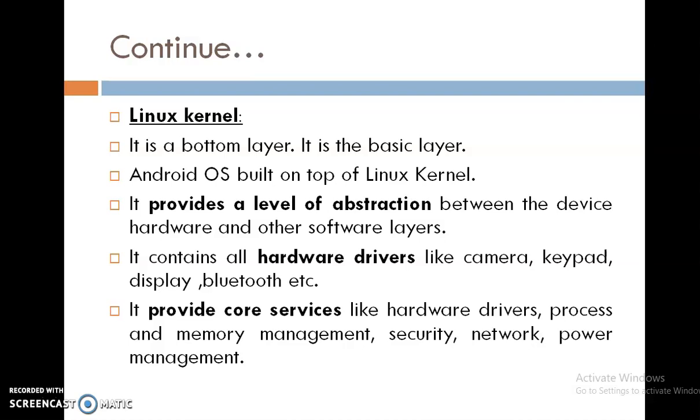All devices have the Bluetooth hardware installed in them. Therefore, the kernel must include the Bluetooth drivers to communicate with the Bluetooth hardware. Linux kernel provides various core services like hardware drivers, process and memory management, security, network, power management, etc.